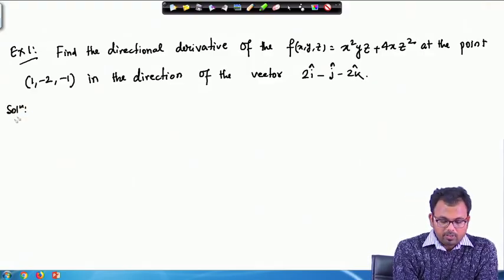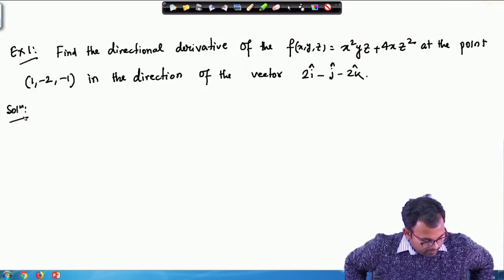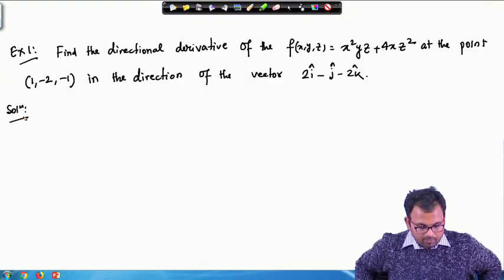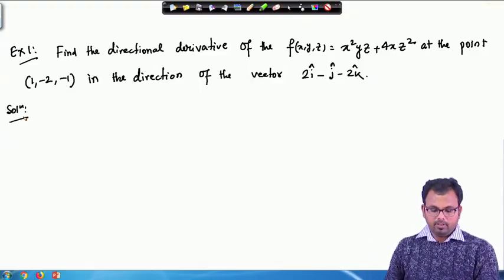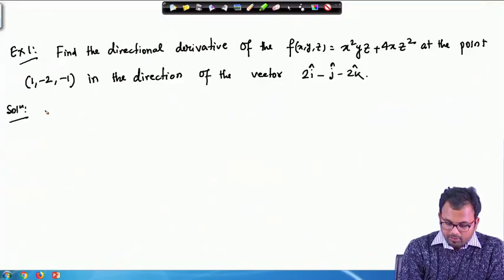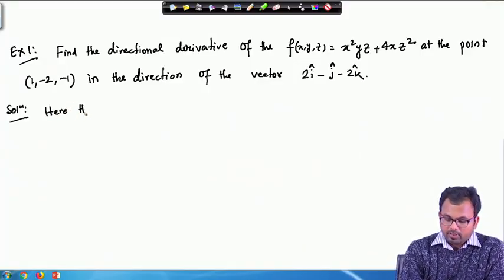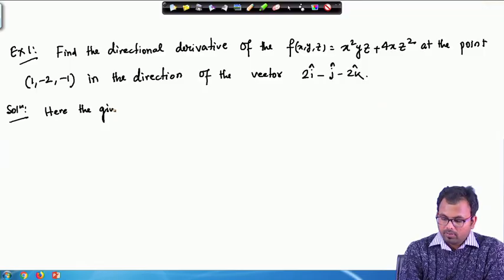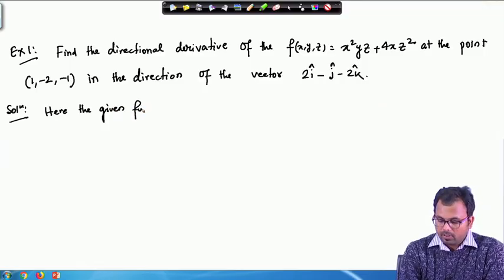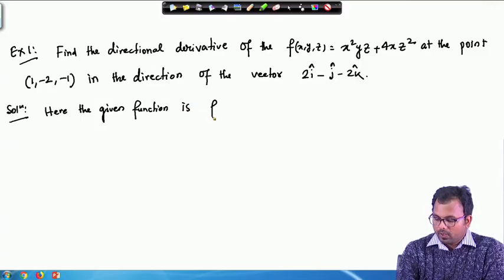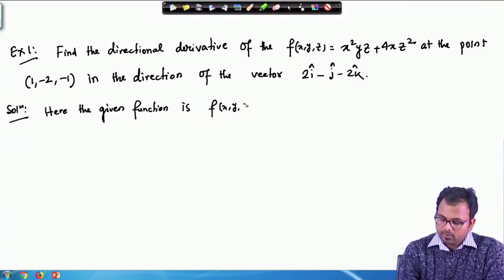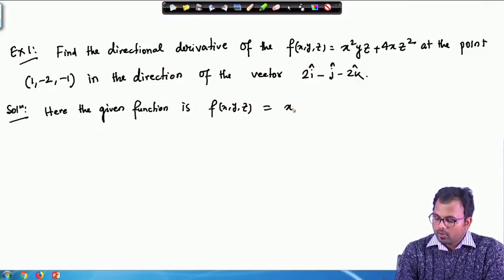So now we are going to solve this. The given function is f(x, y, z) equals x square y z plus 4 x z square.